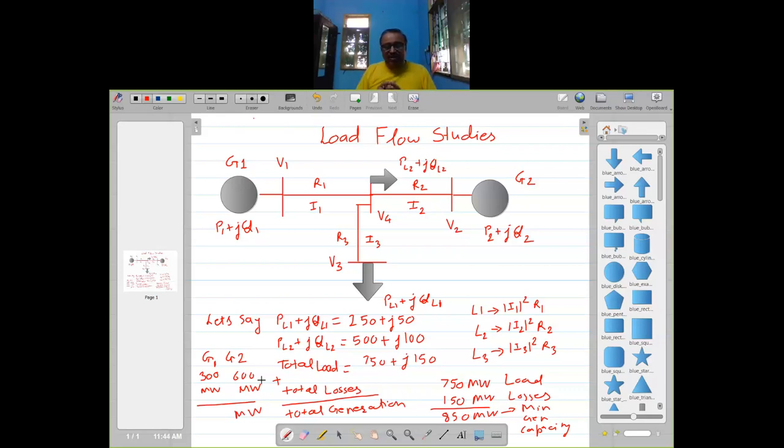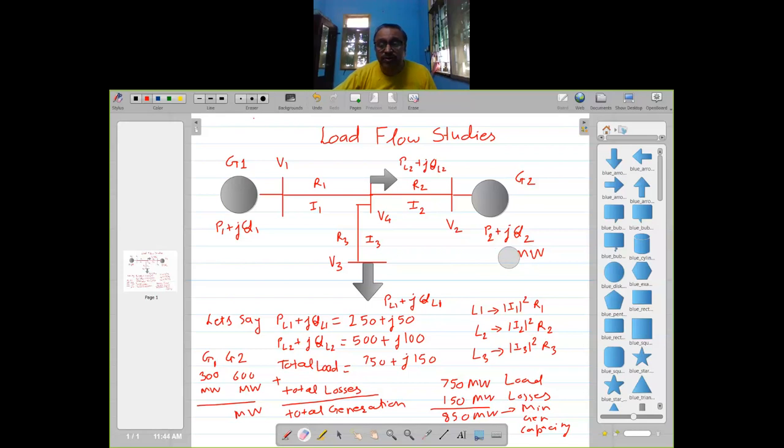So this is one thing, that let us say now we have decided that an optimum mix would be that I would be generating 500 megawatt on G2. So this will be 500 megawatt, and this will be... I cannot have this 500 because this can be 350. Then in that case it will exceed. So I cannot have this 500 megawatt.